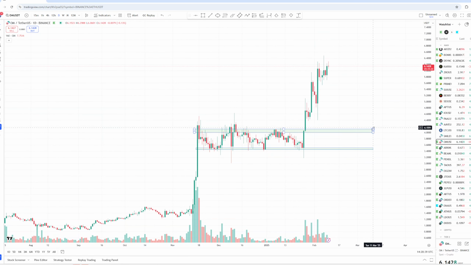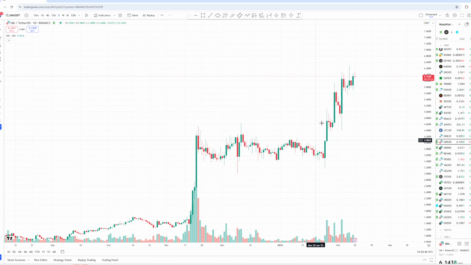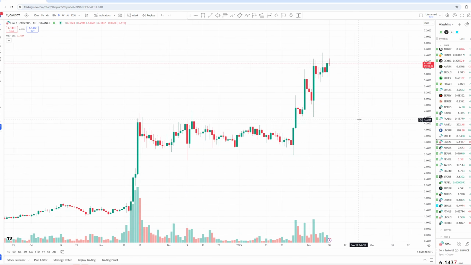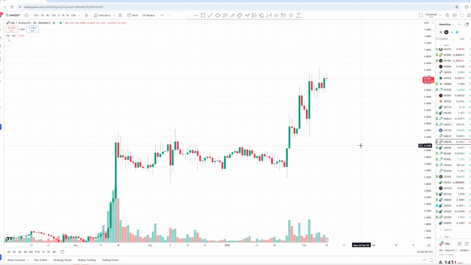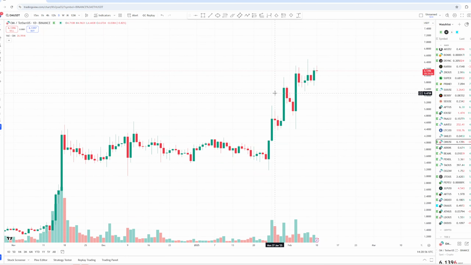Okay, so OM, we don't have much information here besides this range broke, and now we're in price discovery. And as you can see, this thing is very, very volatile. So my first thought is, I don't have enough information to make a decision based on trading. However, there are a few things here that I could use as patterns that potentially could emerge. First one is here.